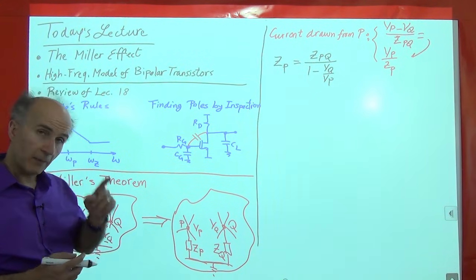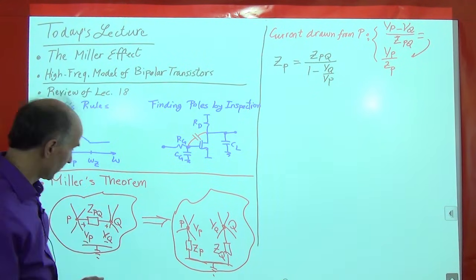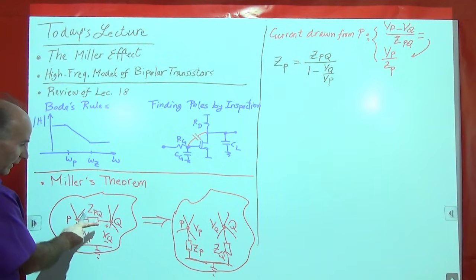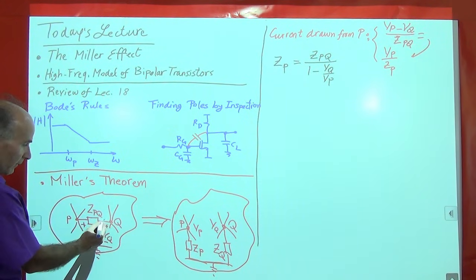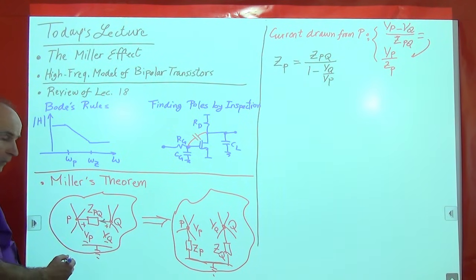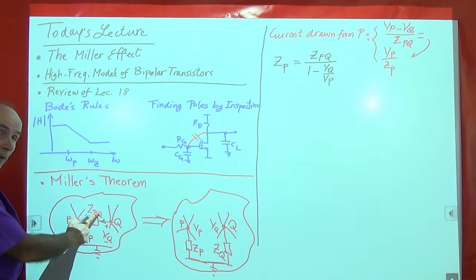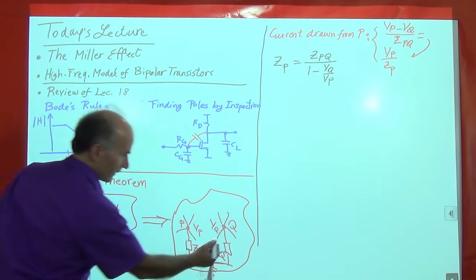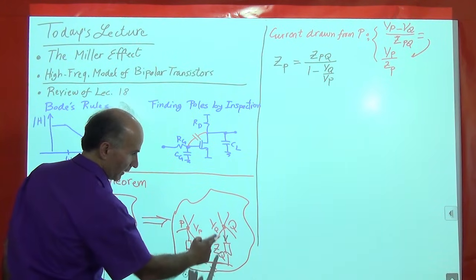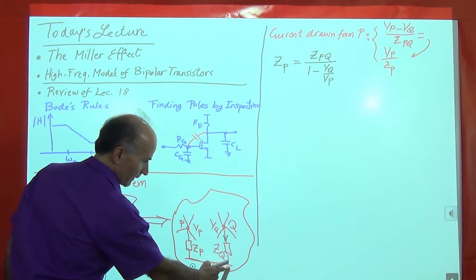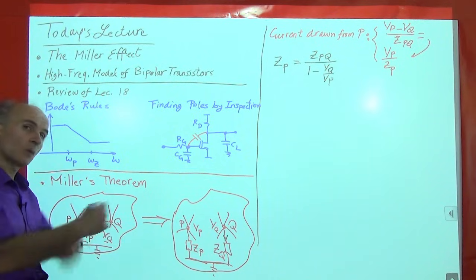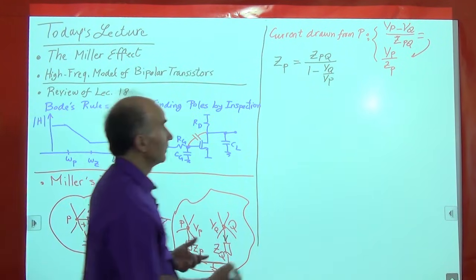All right, the same thing has to hold for node Q. So there's some current, let's say, going this way from node Q, right? Which we can calculate would be VQ minus VP over ZPQ. And there's some current going this way, which would be VQ over ZQ, because this side is grounded. So we do the same thing, and the result will be this.